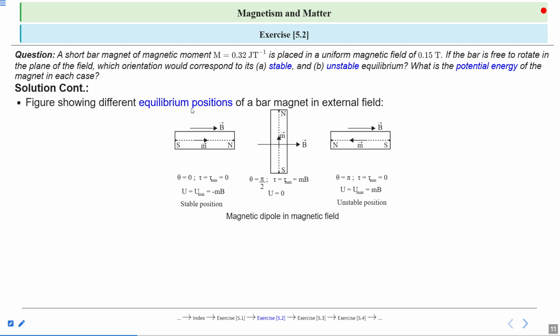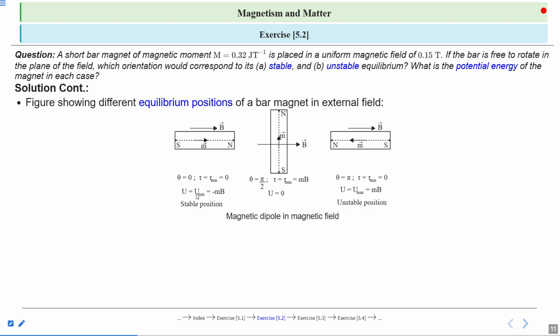For this orientation, where the magnetic moment has the same direction as the magnetic field, theta equals 0. The magnitude of torque is MB sin theta. We are not dealing with torque in this question, but I will explain this also. Theta is 0, so sin 0 is 0, so torque will be 0, the minimum, in this condition.